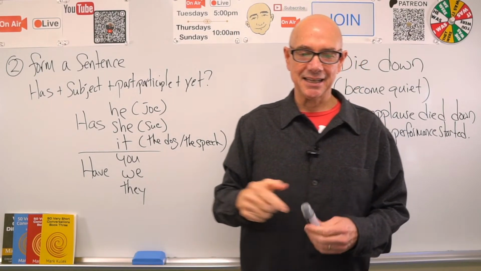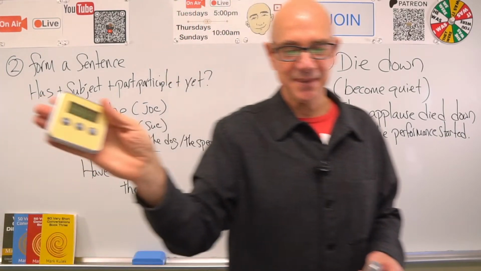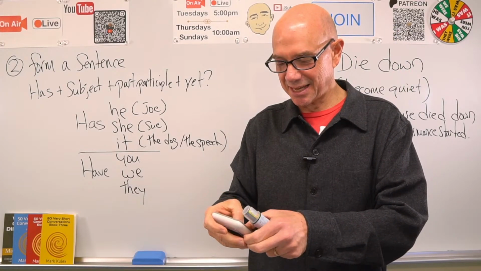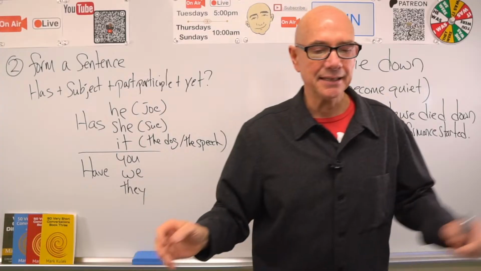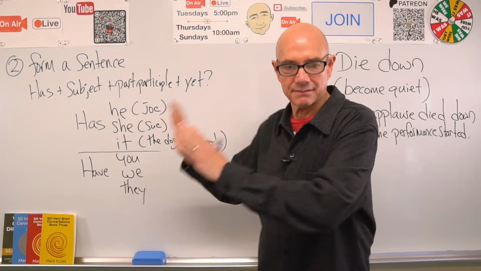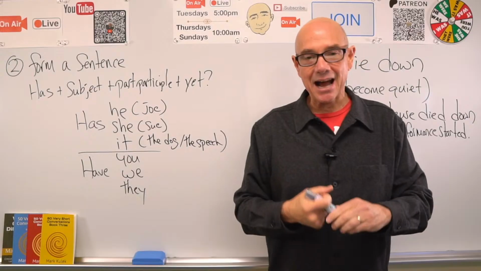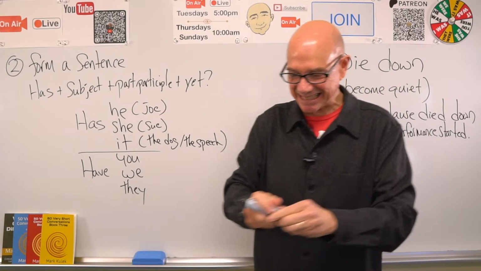Okay, that is our timer. Let's go to our next activity, okay? Again, the worksheet for this is there on my Patreon. All right. Our next activity, again, is making sentences.